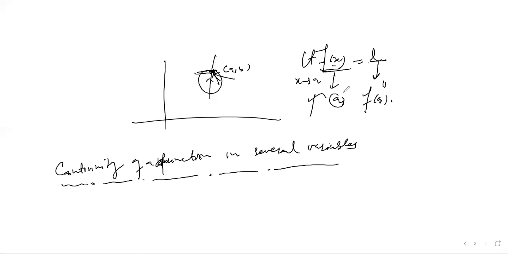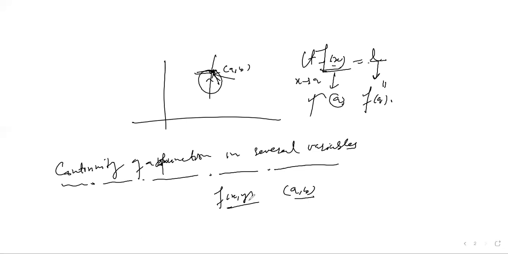The definition is the same in several variables. If you have a function and you have a point, and you have to check whether this function is continuous at a, b or not, what do you have to do? Firstly, you have to check whether the limit exists or not.